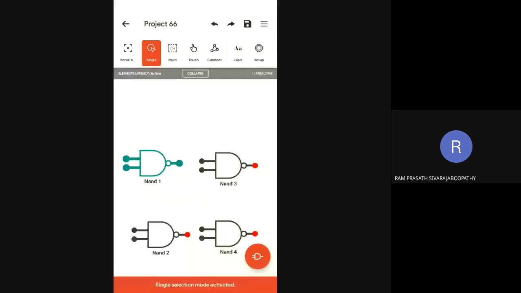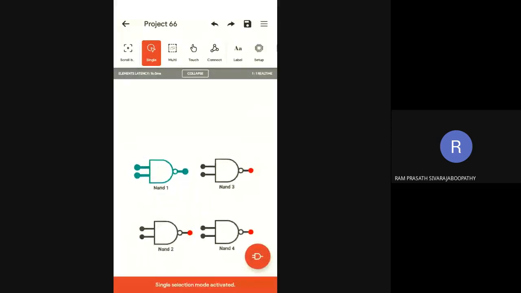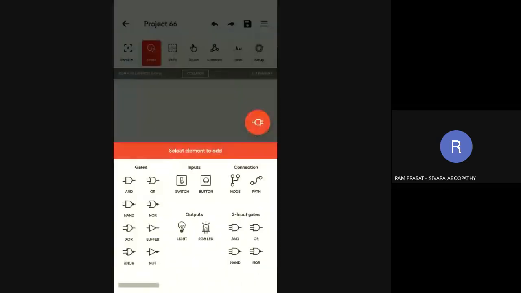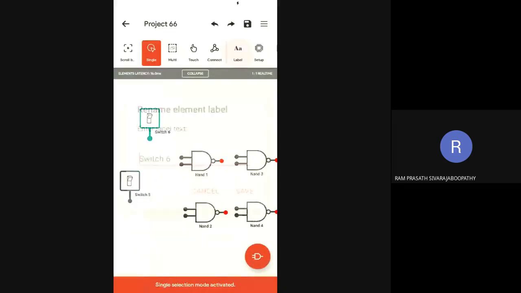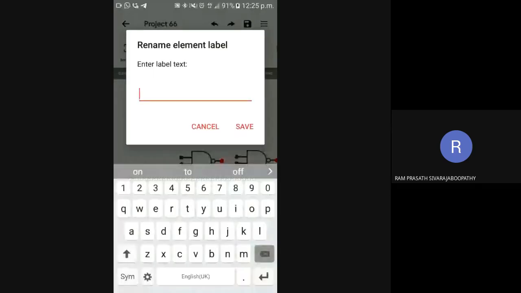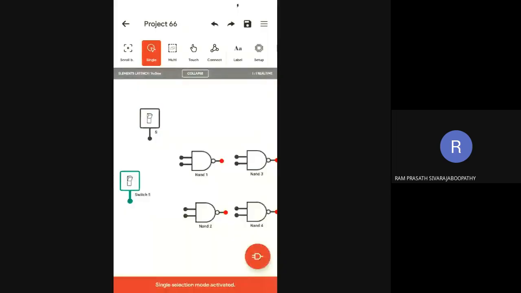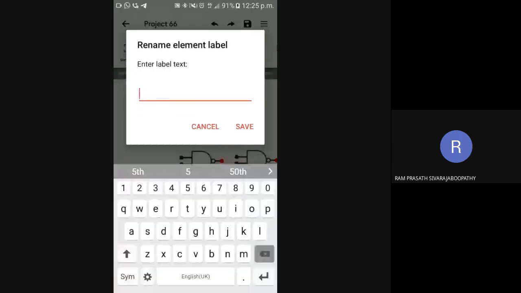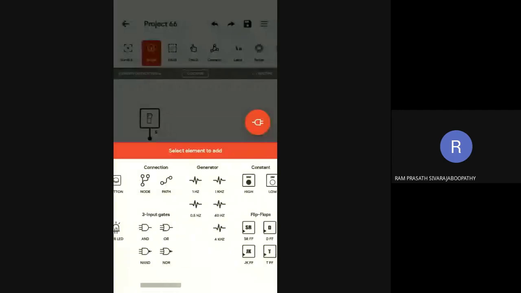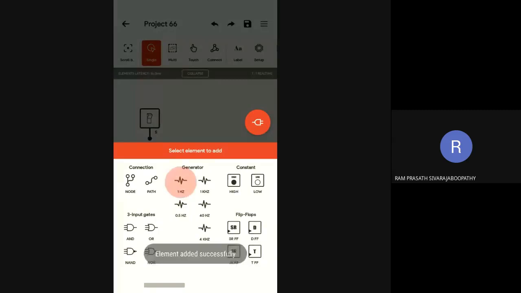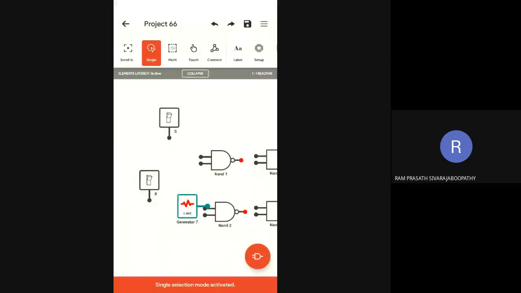So I have taken 4 NAND gates. 2 inputs I have to give, S and R. So this one is S and this one is R. I am naming this switch as R. Okay, then we are going to provide the clock input. Here you can see the generator. I choose 1 Hz. So this is the clock input.